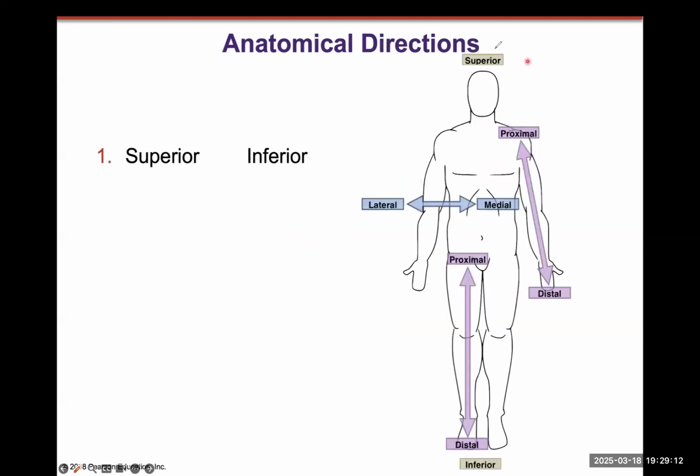Okay, so let's see. So we draw an imaginary line here. Anything above this line is going to be superior, and anything below that line is going to be inferior.